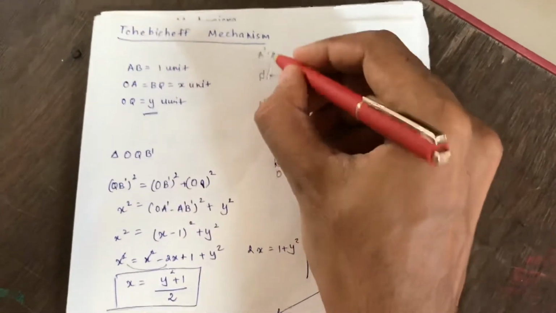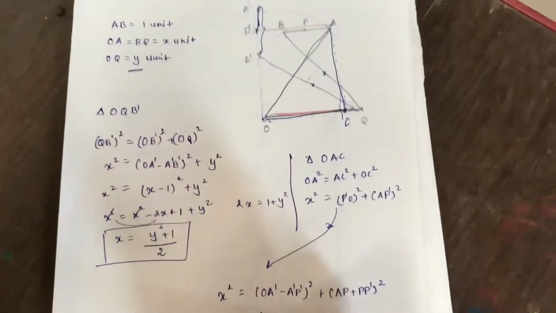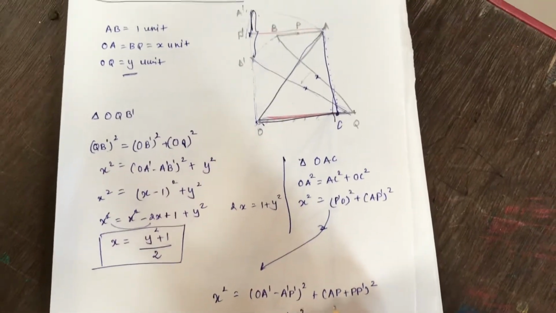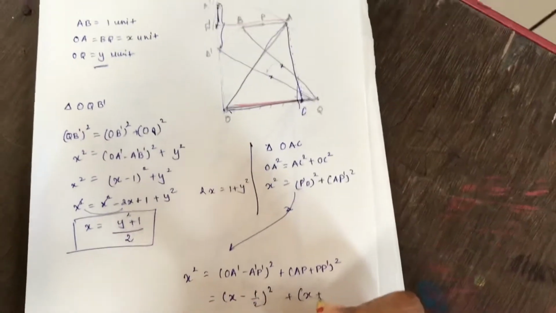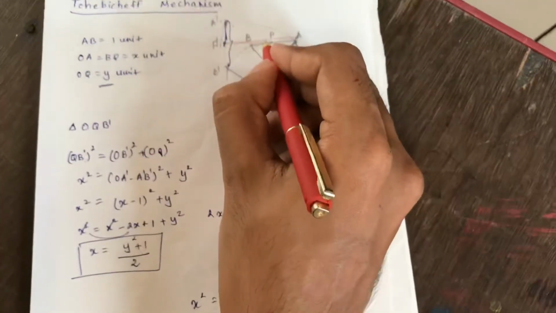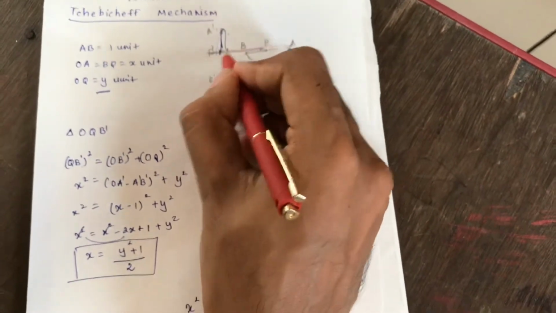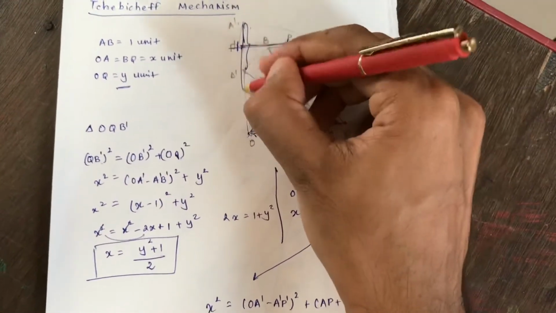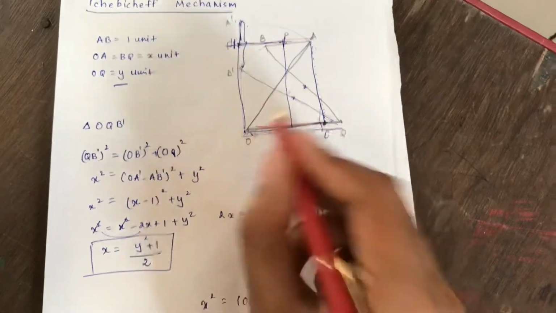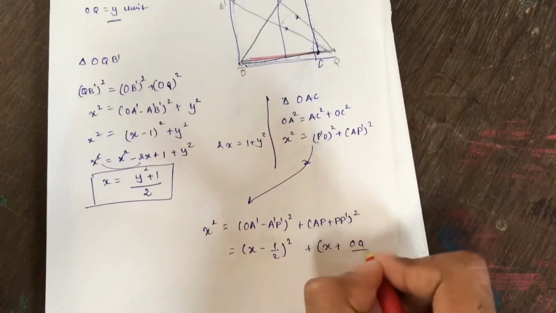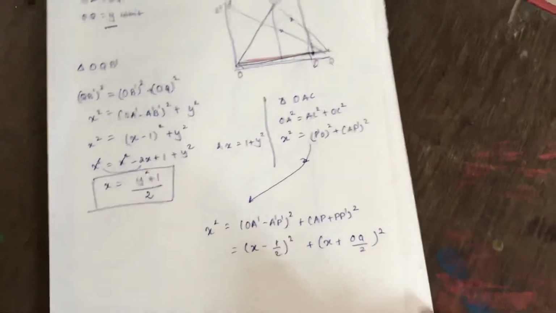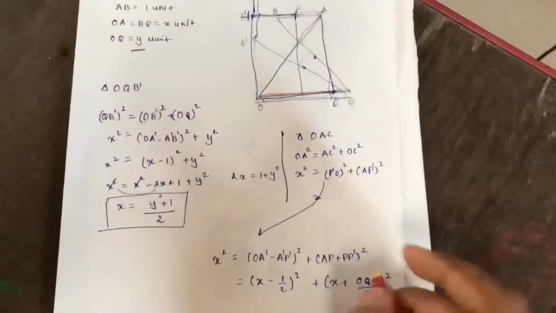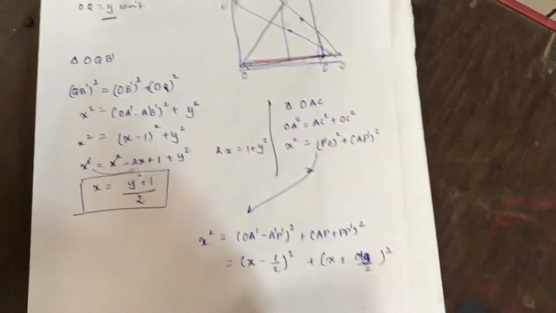A dash P dash is half of AB. AB we considered 1, so (X minus 1 half) square plus (AP plus PP dash) square. AP is 1 half. What is PP dash? When you see over here, it is half of OQ, so it is OQ divided by 2 whole square. Then what is OQ? OQ we already assumed is Y unit, so it is ultimately Y square.